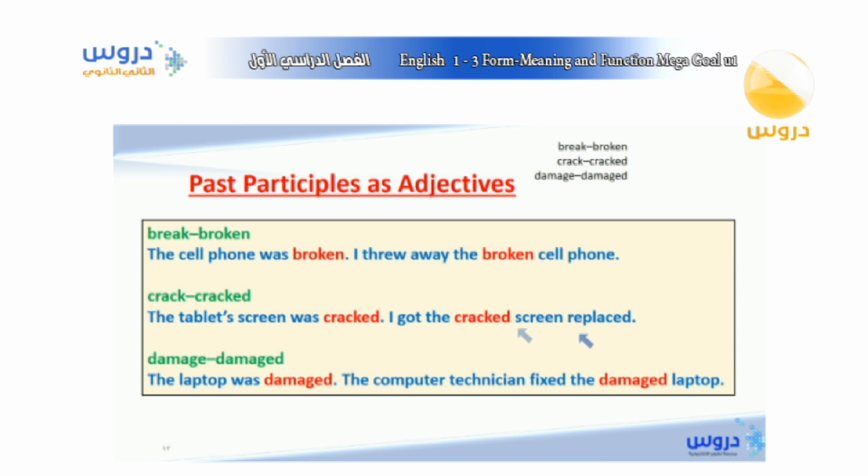Crack, cracked. The table's screen was cracked. I got the cracked screen replaced. So here, cracked screen, adjective. This is adjective to screen. Broken cell phone. Cracked screen. The laptop was damaged.